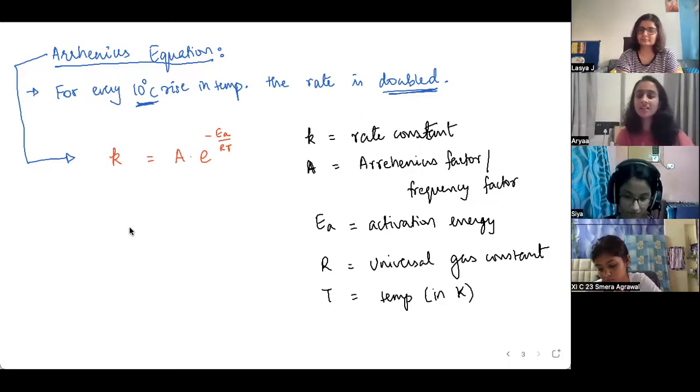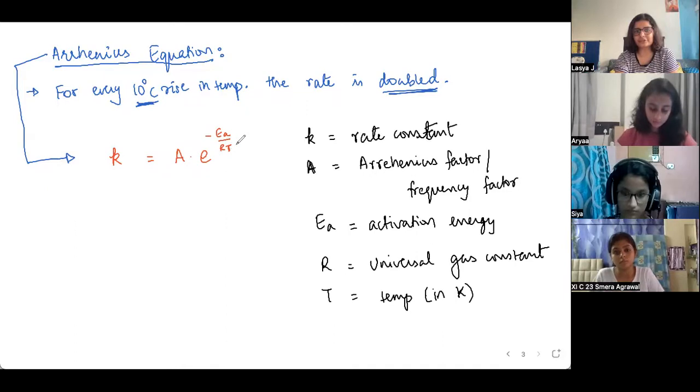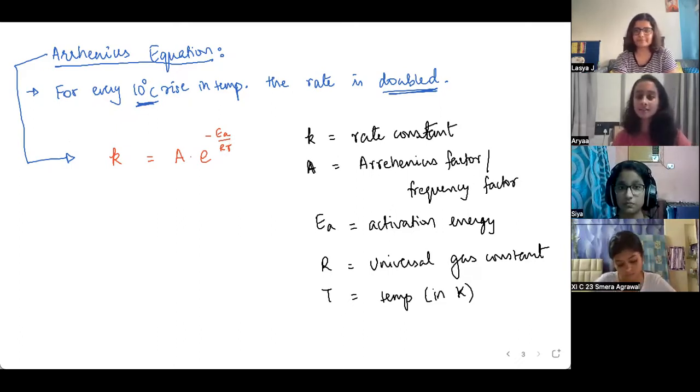He said that for any reaction, a 10-degree rise makes the rate doubled. So whenever the temperature changes by 10, the rate of the reaction happens to be doubled. Is this a valid theory? This is generally what has been found out.